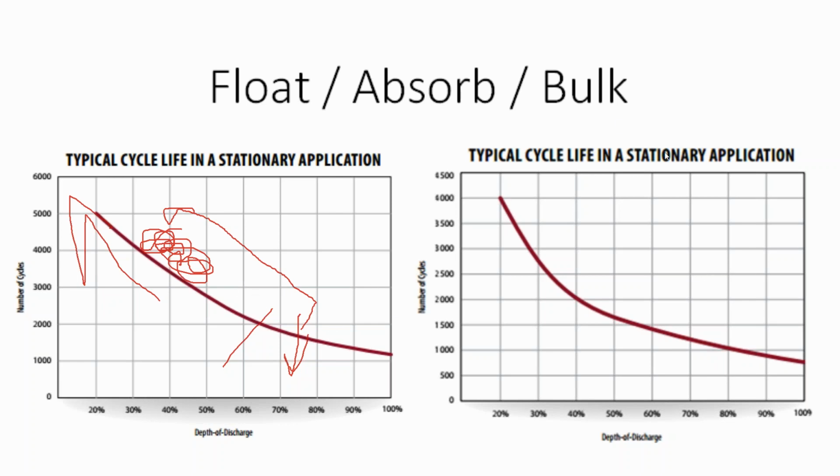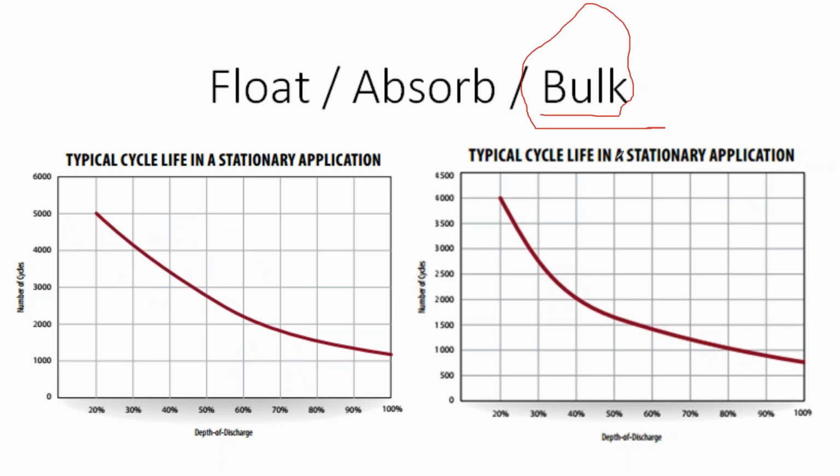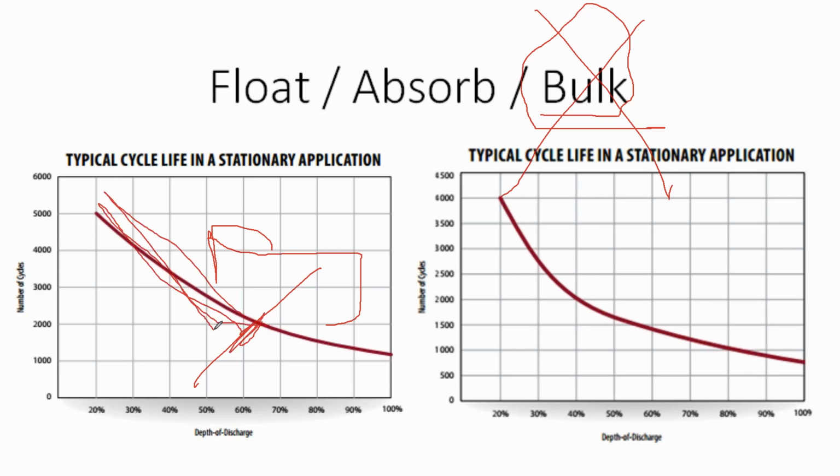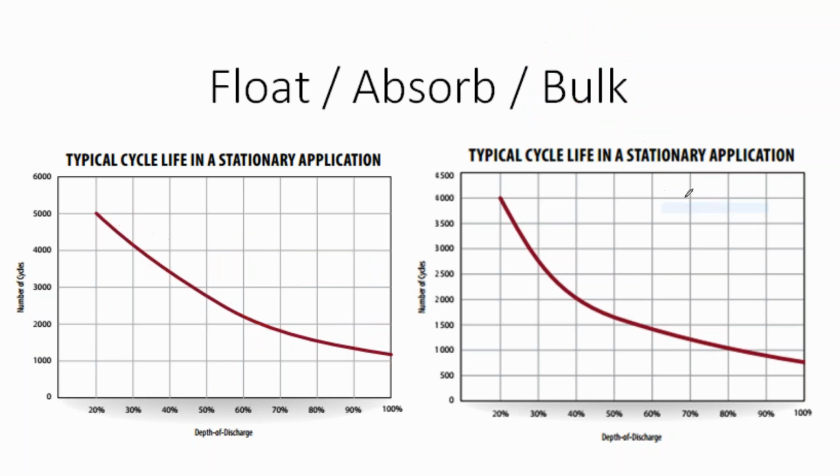What you want to do is every time you get down into this bulk state of charge, that's when you want to click the generator on and come back up again. And if you don't want to have a generator at all, then you want to stay within this range for the most part and only use this range for reliability.